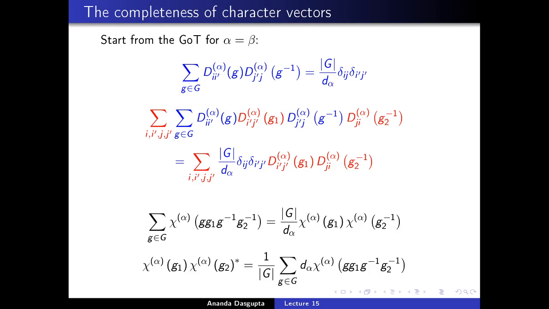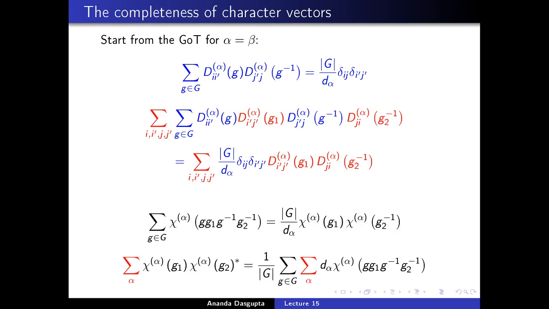But what we need to do is rewrite this expression, or sum up this expression over all alpha. And that leads to this particular expression. Now, the left-hand side is beginning to look more and more like what we want of our completeness sum.